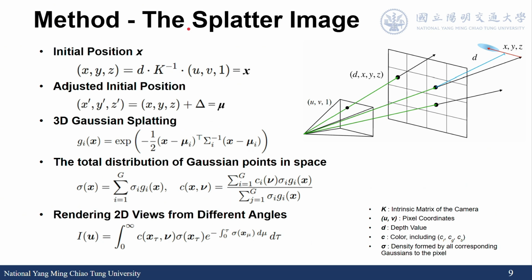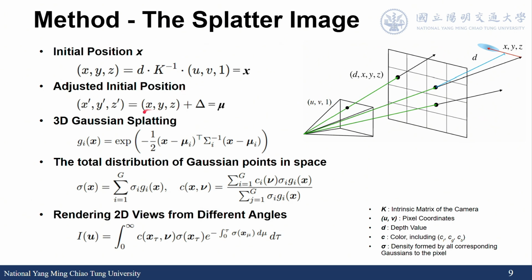Each pixel in the splatter image encodes the parameters of the corresponding Gaussian point, including depth d, 3D offset delta, color C, and transparency sigma. From these pixel parameters, the corresponding 3D Gaussian distribution can be reconstructed.